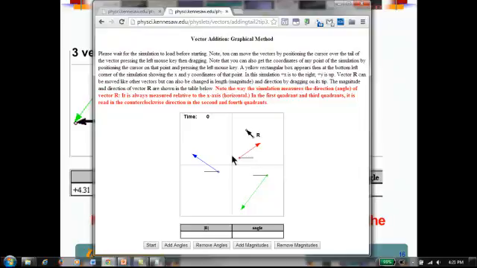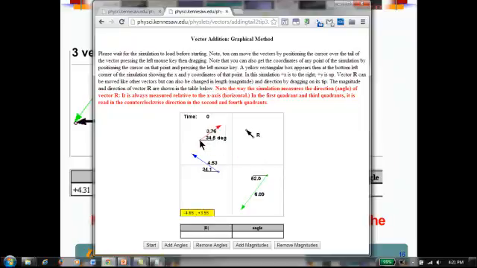We have three vectors, a blue, red, and green, and we're going to try to add them using the graphical method. So we press start. That adds for us the magnitudes and the directions for each of the vectors. Now in this particular case, it's just measuring the angle for us. It's not really reading the angle relative to the positive x direction.